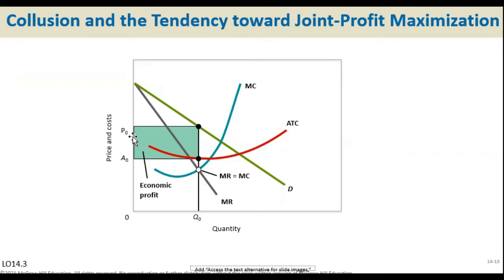So you can see here that the market price is greater than the cost. And the differential between the market price and the unit cost times the quantity produced gives you the economic profit, which is represented here by this green rectangle.